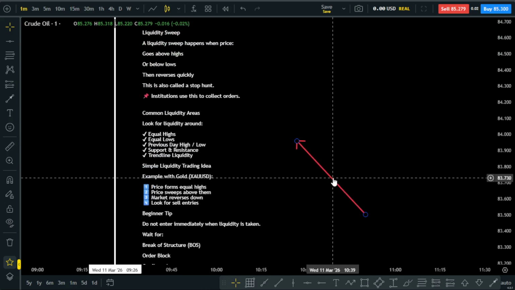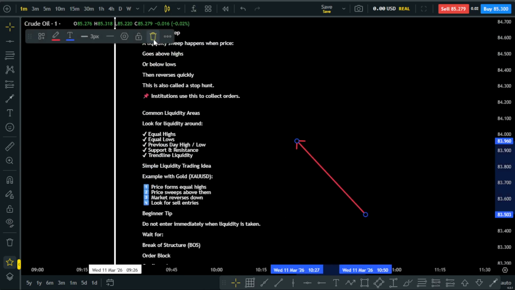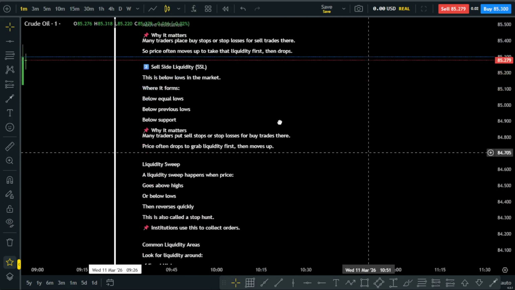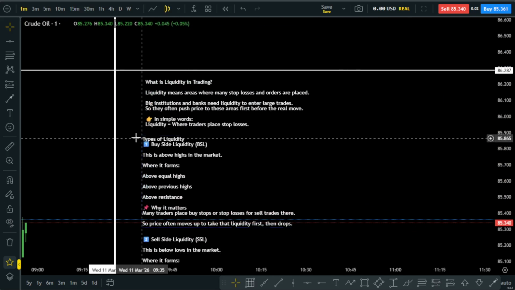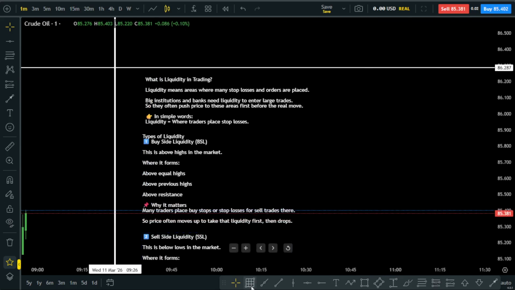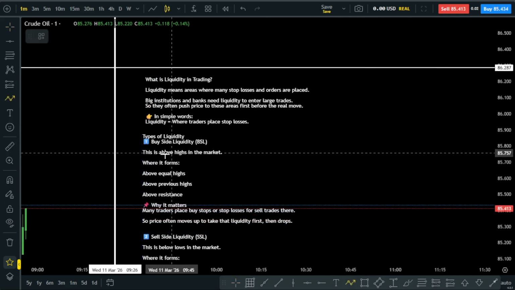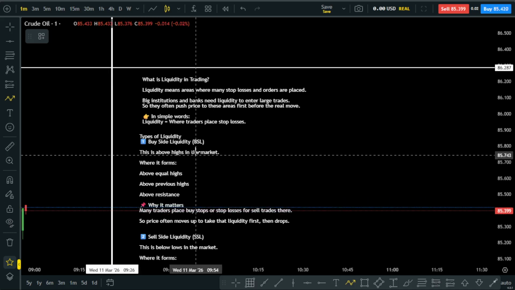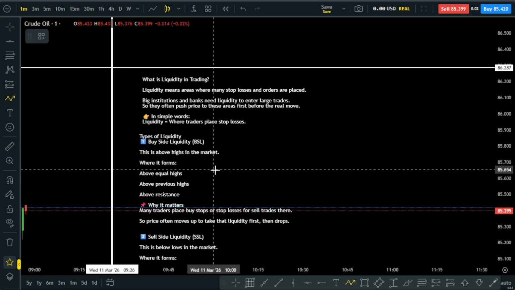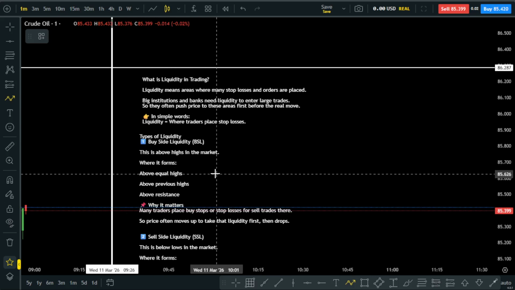So now let us start with what we have just written here. We'll start with buy side liquidity. This type of liquidity is found on equal highs or lows.